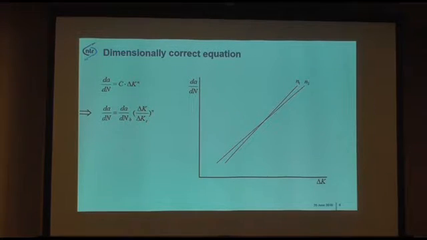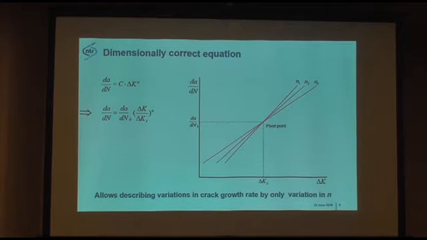It means that you get different exponents, and that you get a pivot point over here. There's a lot of discussion in the literature: is there a pivot point or not? If there is a pivot point, it allows you to describe the crack growth rate only by a variation in the exponent.